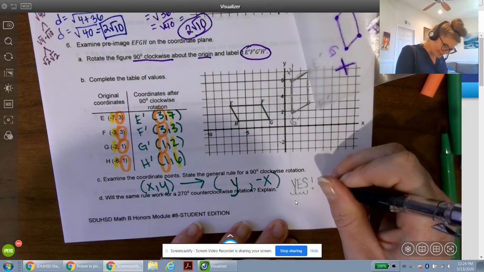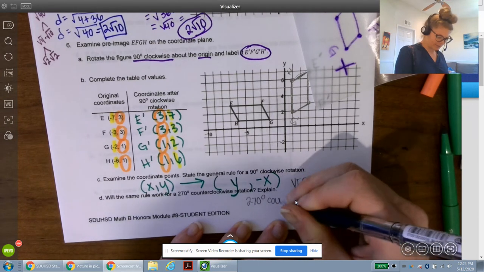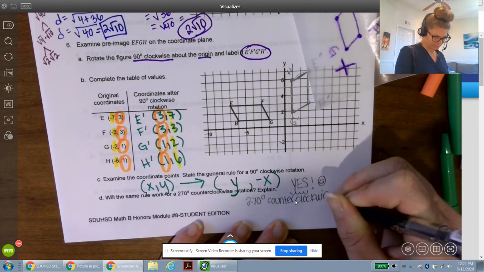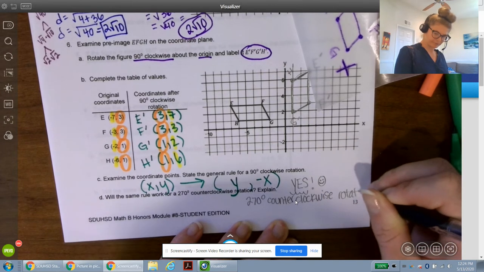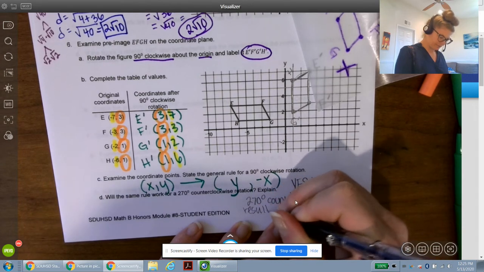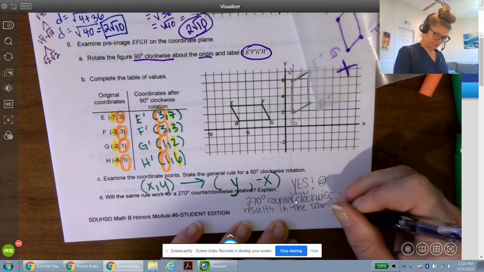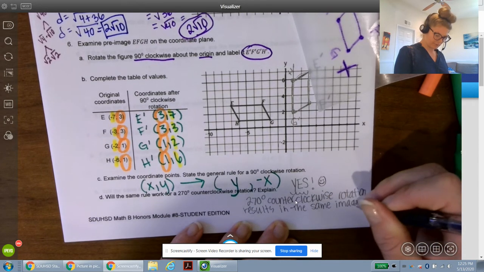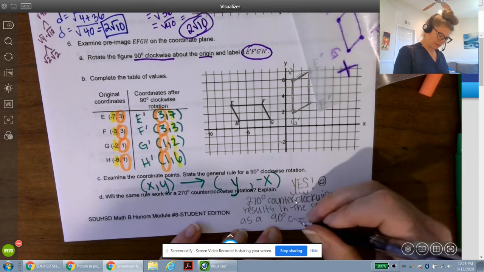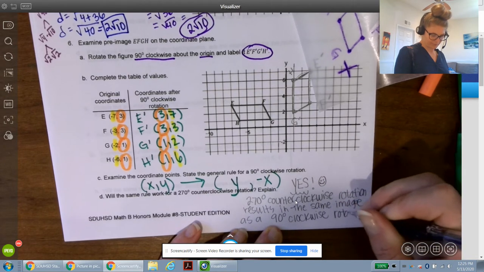Make a better smiley face. A 270-degree counterclockwise rotation results in the same image as a 90-degree clockwise rotation.